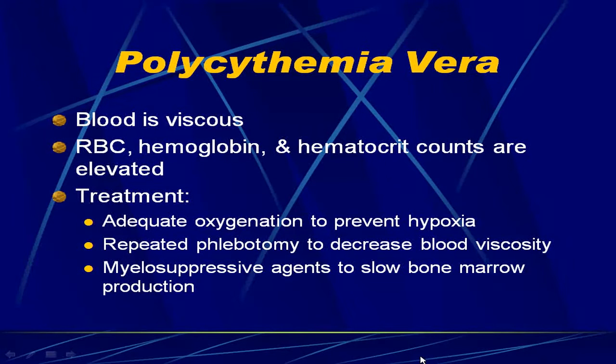Now, we've talked about the blood, the heart, and having to pump large blood volumes, but think about if the heart has to pump something that's really thick. And so again, we see a heart that's having to pump harder. We may have some increase in the heart muscle as well, but you're going to see that the person is going to develop some hypertension due to the hyperviscosity of that blood.